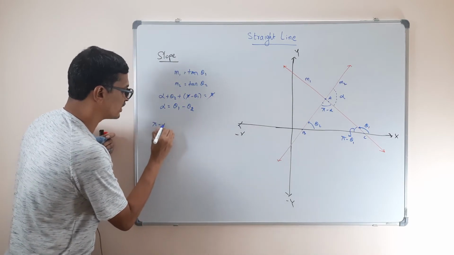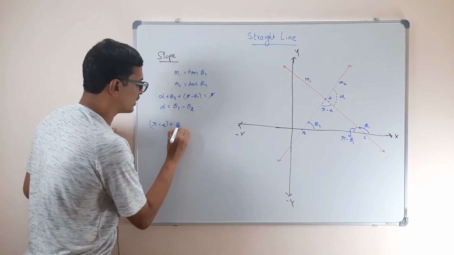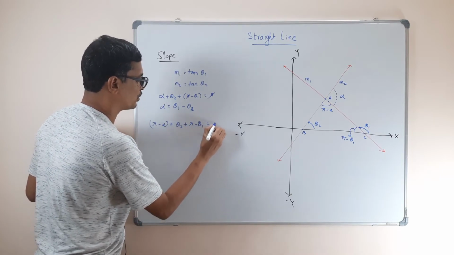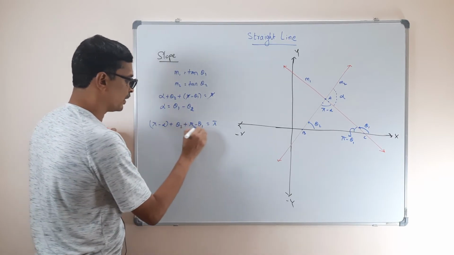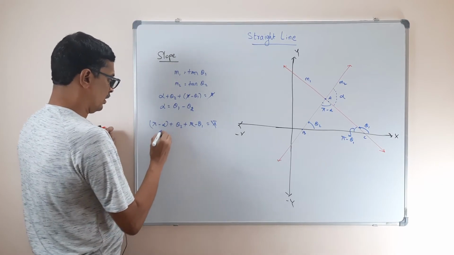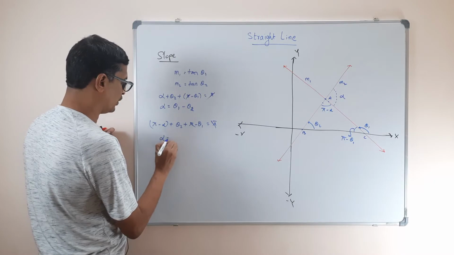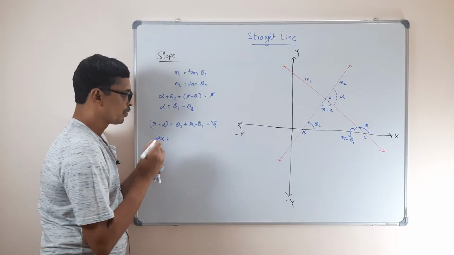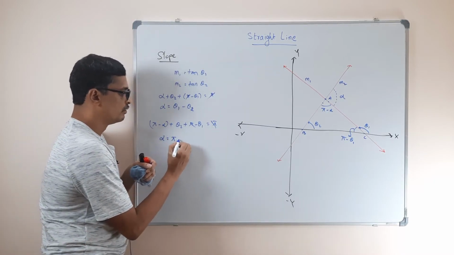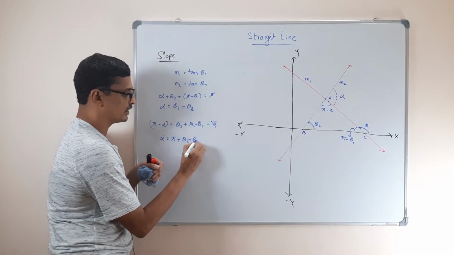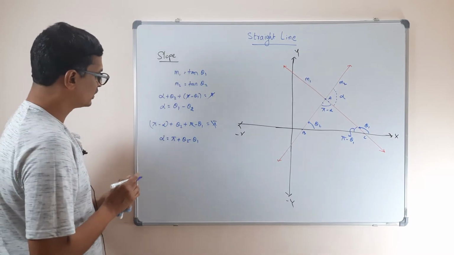Pi minus alpha plus theta 2 plus pi minus theta 1 will be equal to pi, correct? So this pi goes off. Therefore, let us take the alpha. Alpha will be equal to, tell me, pi minus or plus theta 2 minus theta 1.